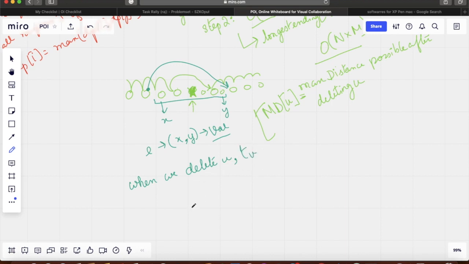What we want is, for every such range x comma y such that x less than tu less than y, find the max val.